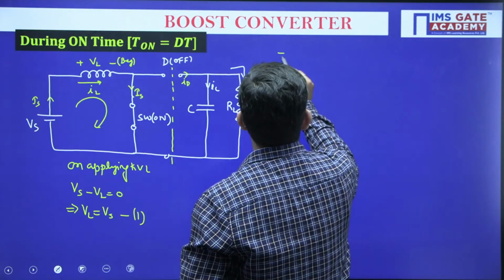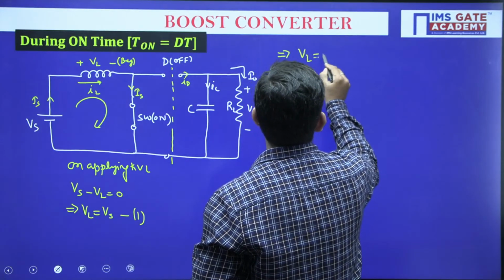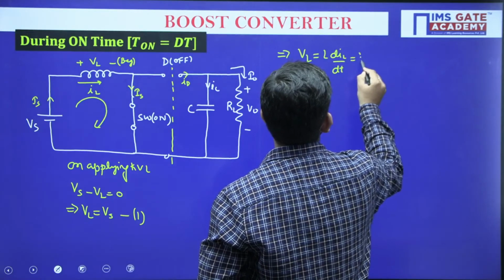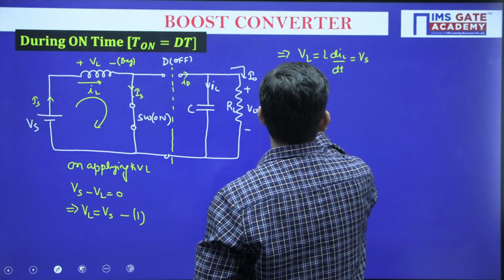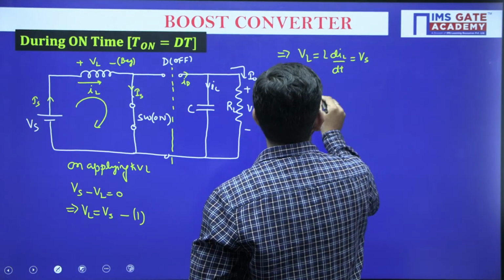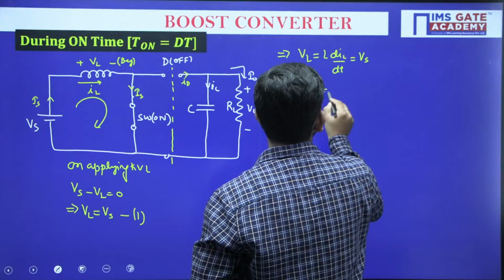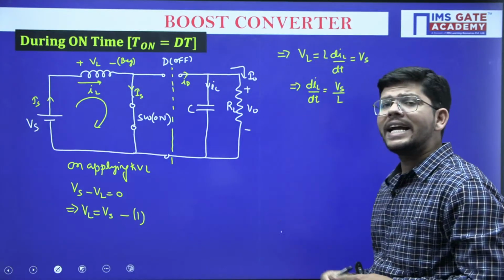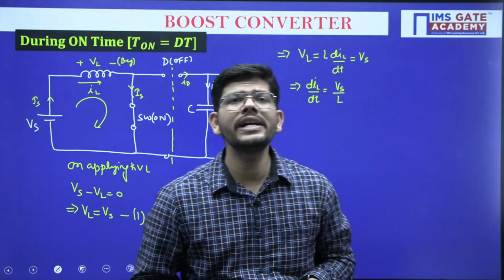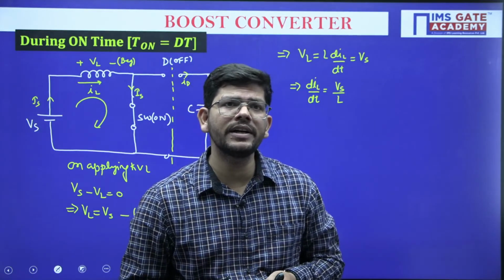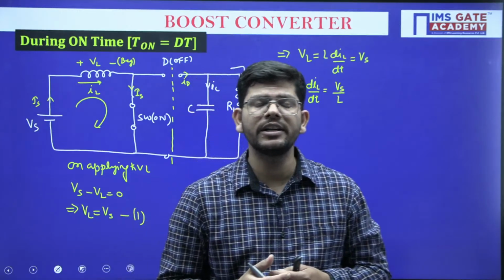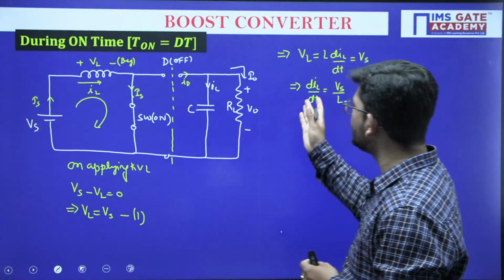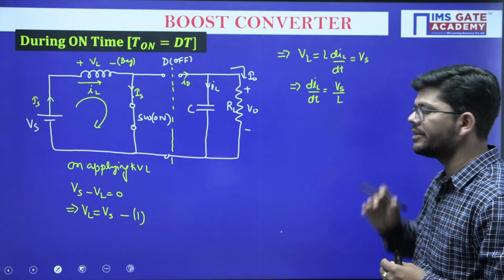Now, you know that VL we can also write as L dIL by dt, and this equals Vs. Or what I can write here is dIL by dt equals Vs over L, isn't it? dIL by dt means rate of change of inductor current, which also indicates the slope of the inductor current. That means the inductor current is varying linearly, and the rate that we have is positive.